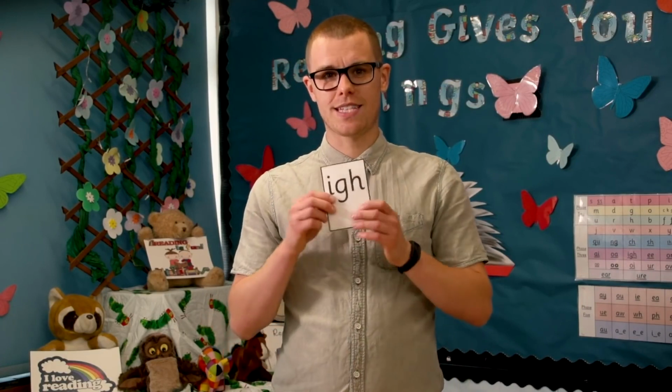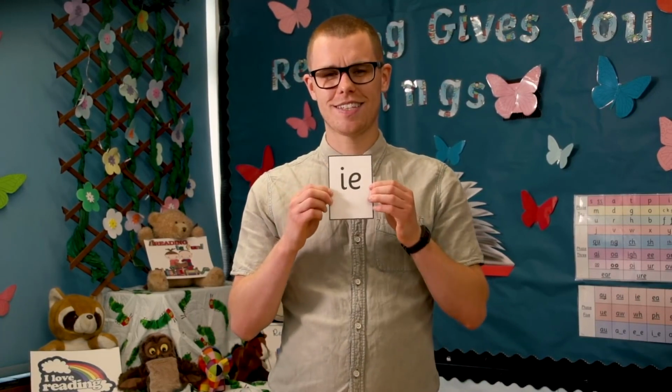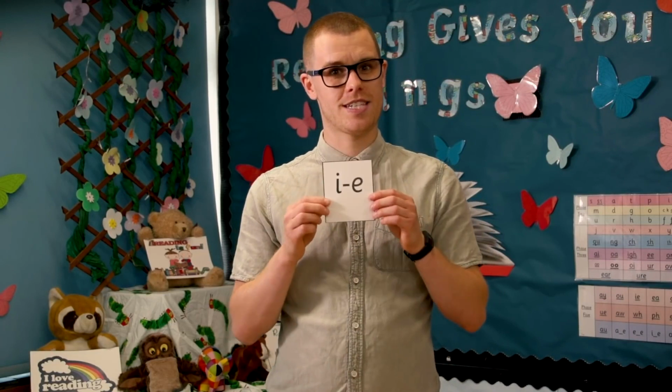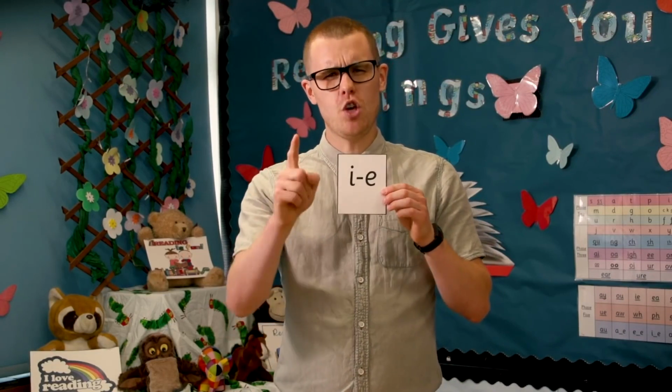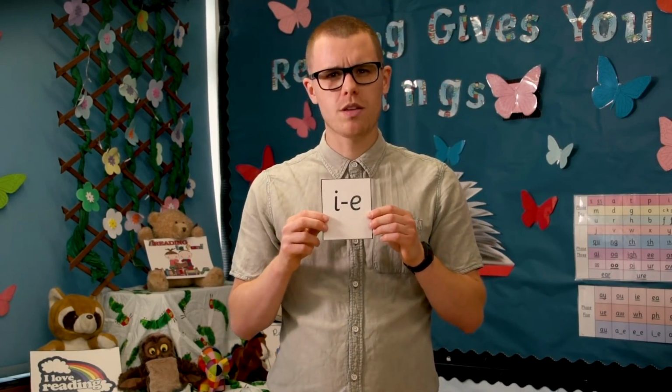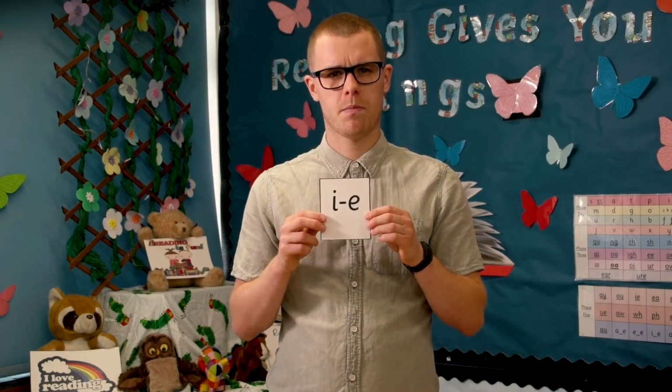We know the sound I is written like this. And like this. But there is another way to write the sound I, and it looks like this. Now you know that two letters making one sound is called a digraph.